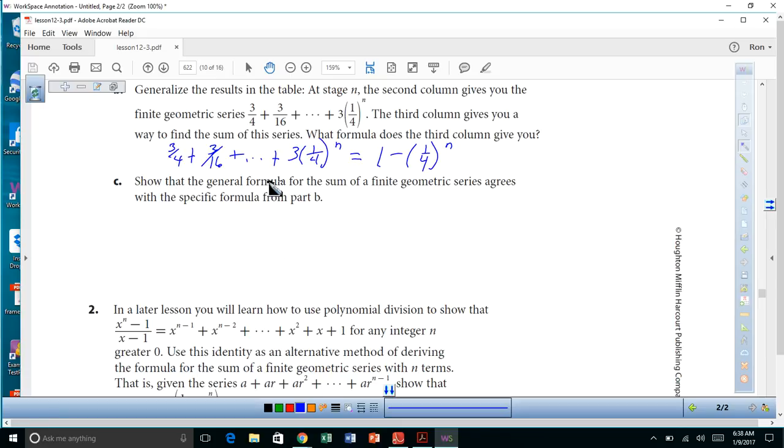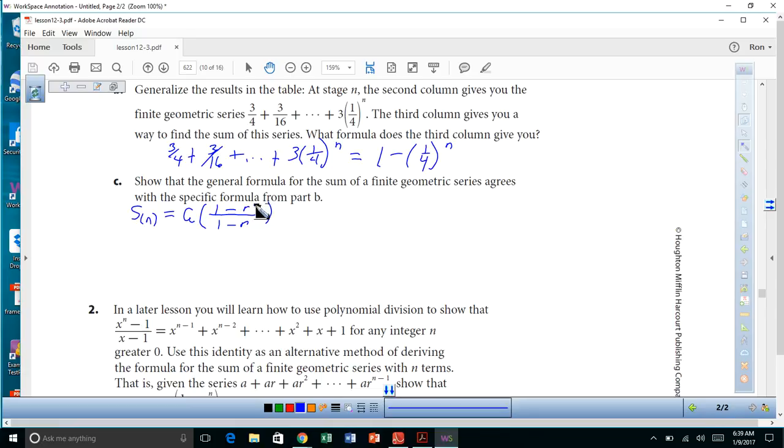Show that the general formula for the sum of a finite geometric series agrees with the specific formula from part B. So the general formula is S of n is a times 1 minus r to the n over 1 minus r.